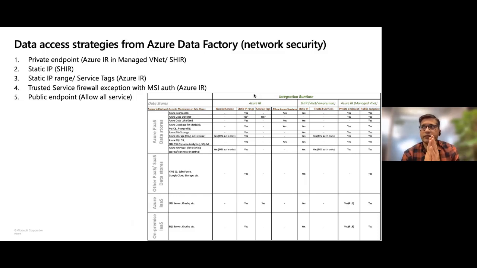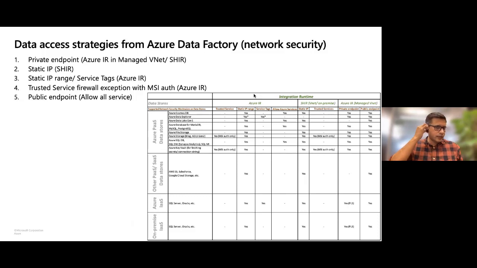Private endpoint is basically a way how you can access your PaaS data stores on Azure in a more secure fashion, with all the data exfiltration protection capability built into it. So it's a private connection, or basically it's as good as saying that you're bringing the service inside the managed VNet. And so you don't have to open up any public endpoints into your data store for data access. So that's the benefit that you get with the private endpoints.